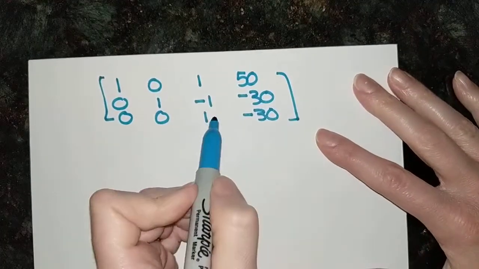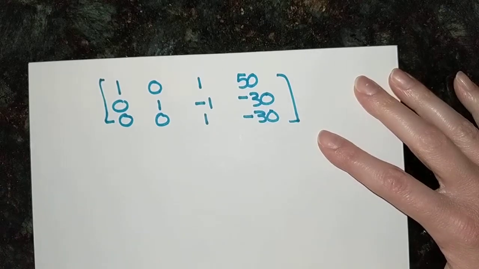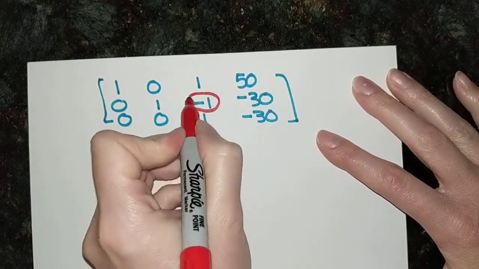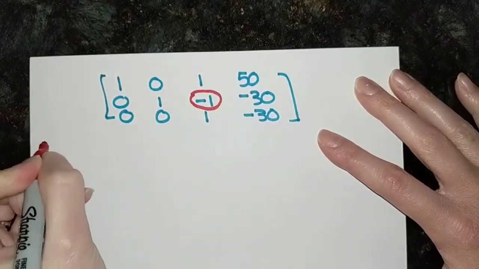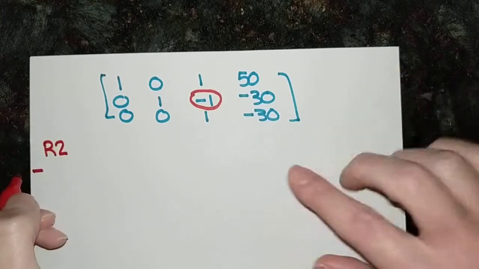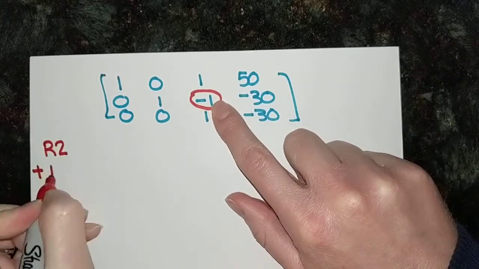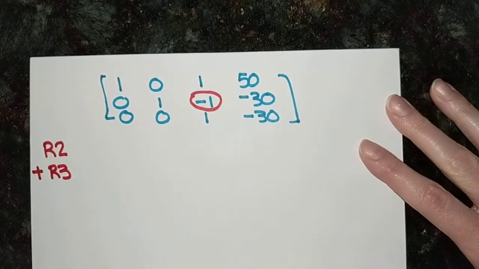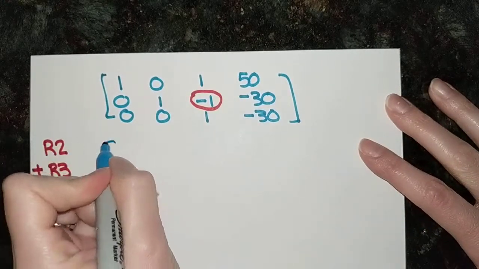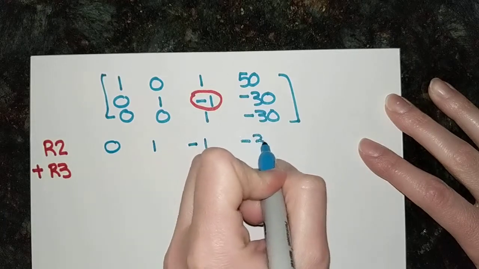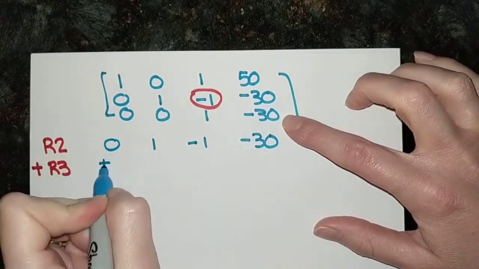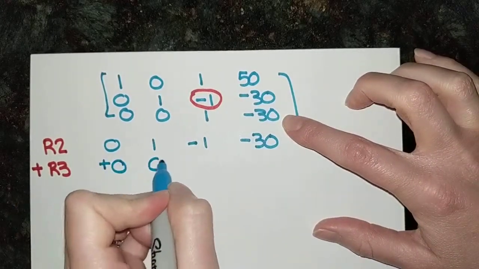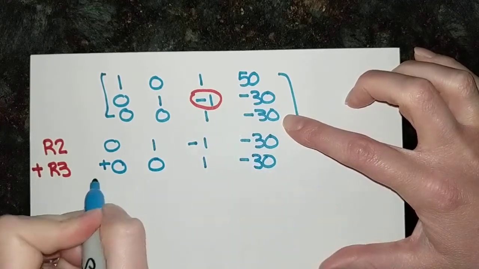All right, so that takes care of the leading 1 in row 3, but now we need to get a 0 in row 2. So we'll take row 2, and to get that 0, really we can just add it to row 3. So our row 2 is 0, 1, -1, -30. And we'll be adding that to row 3, 0, 0, 1, -30.